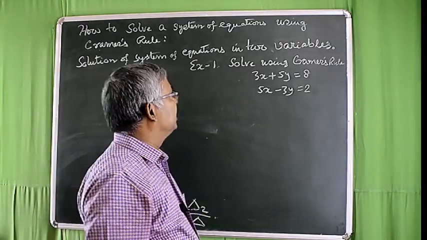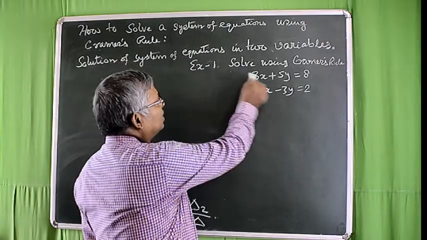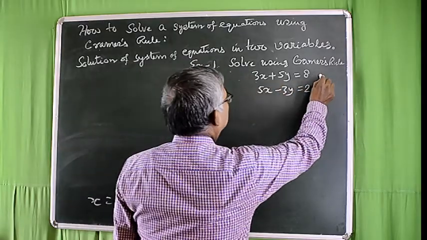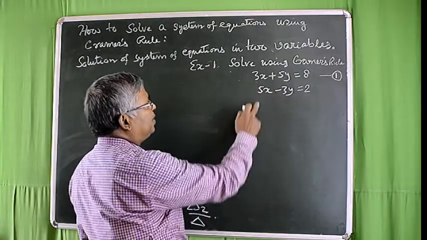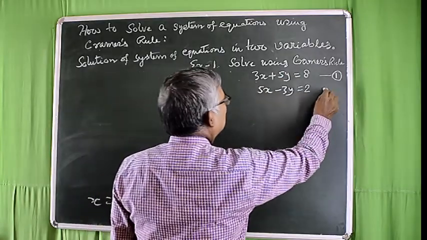Students, using Cramer's rule, solve the system of equations 3x plus 5y equal to 8 and 5x minus 3y equal to 2.